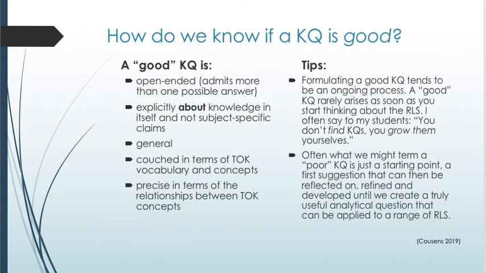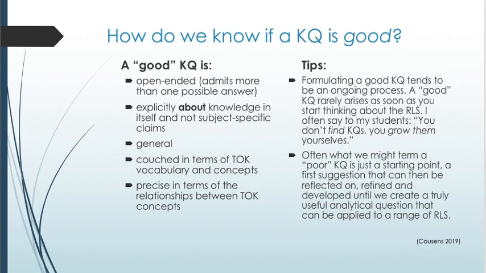So how do we know if a knowledge question is good? If you think back to a few slides earlier, I walked you through the question model where it talked about poor knowledge question, intermediate, and good. So a good knowledge question is open-ended. That means it admits more than one possible answer. It's explicitly about knowledge in itself and is not subject-specific. So it comes from a specific subject.